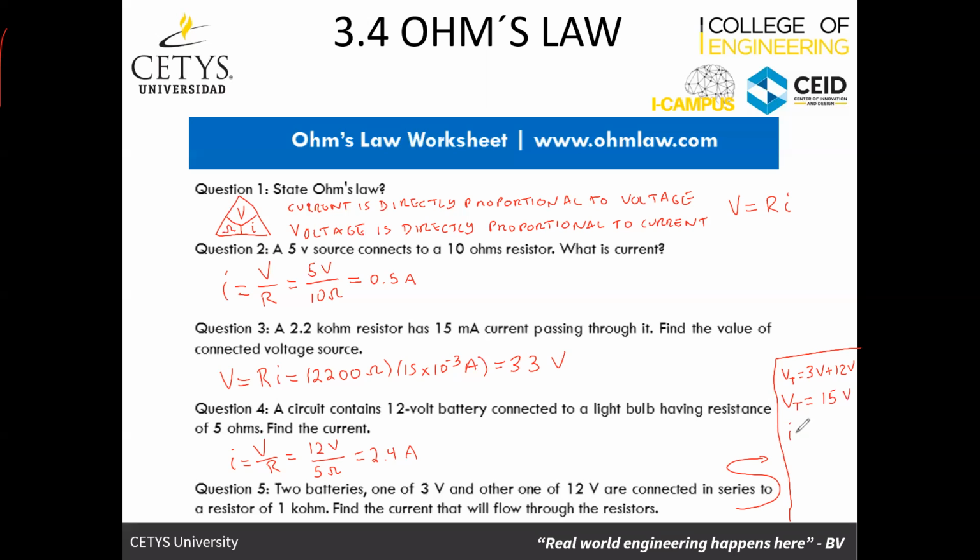The current is going to be the total voltage divided by the resistance. In this case, the current is going to be the 15 volts divided by the resistance, which is 1 kilo ohm, which is 1,000.